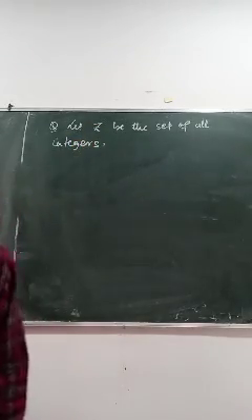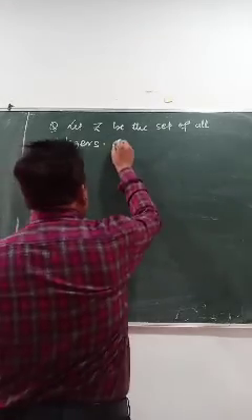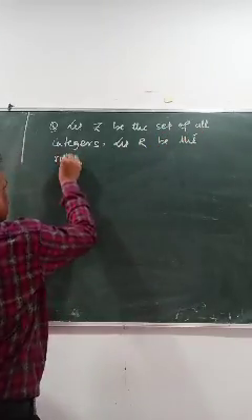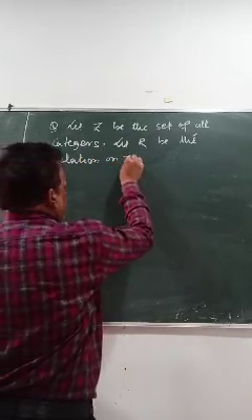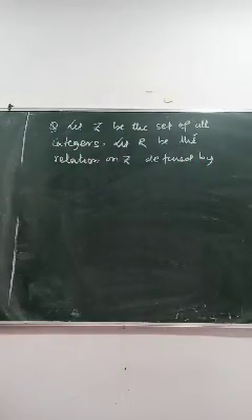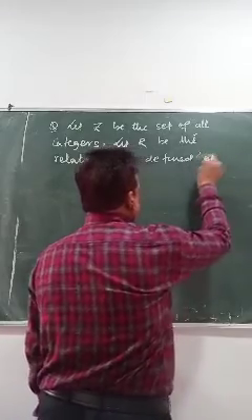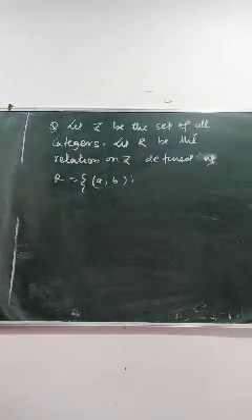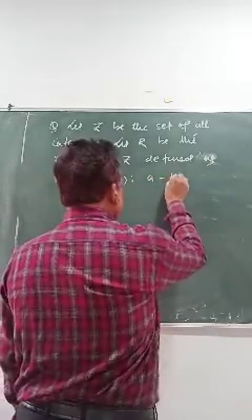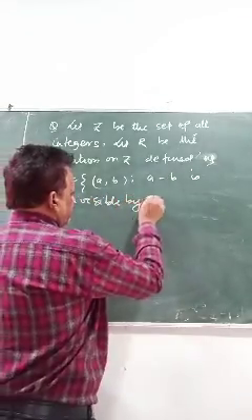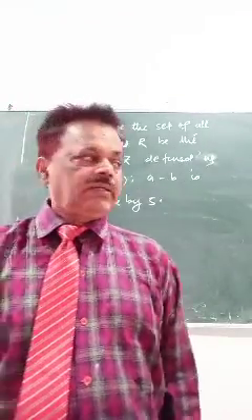Then R be the relation on Z defined as R equals the set of all ordered pairs such that A minus B is divisible by 5. Then you have to prove that R is an equivalence relation.